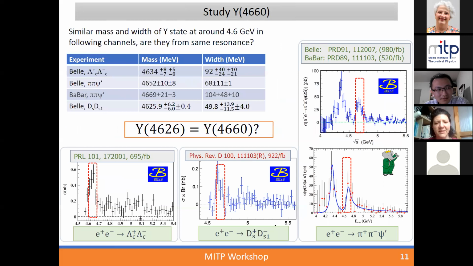Please go ahead. Yes, I have two questions on the kind of trigger that you have for ISR. Do you have an all-neutral trigger also, or do you have only a charged plus ISR trigger? Just to understand how much you can extend your possibilities.